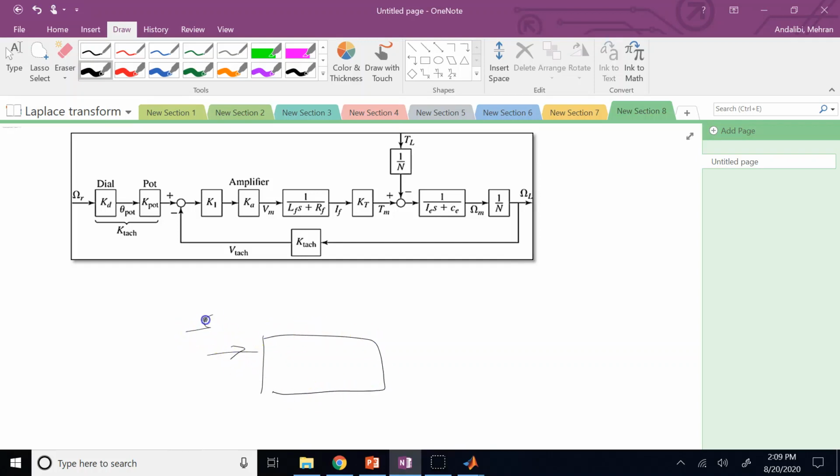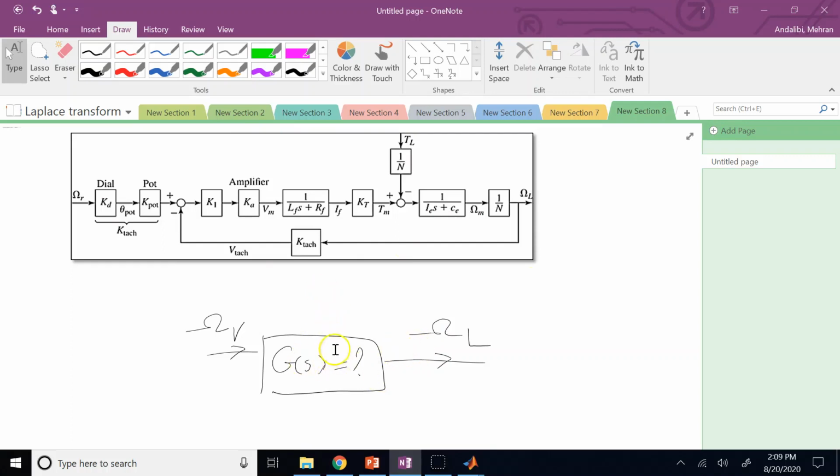So omega sub r comes in and omega L goes out. And I call that G of S. How can I have one single block that can replace all of that? That's called reducing or simplifying the block diagrams, right?